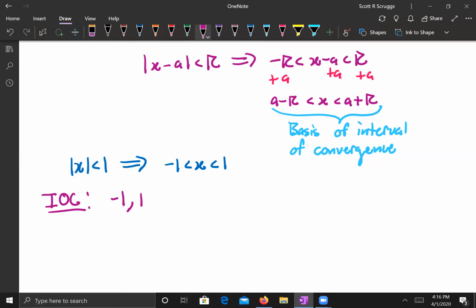But as you all see, I didn't include any open parentheses or a closed bracket with that. The reason why I did not include it yet is you have to do a little bit more work now, and you have to state, can I include or cannot include my endpoints -1 and 1 in my interval of convergence?